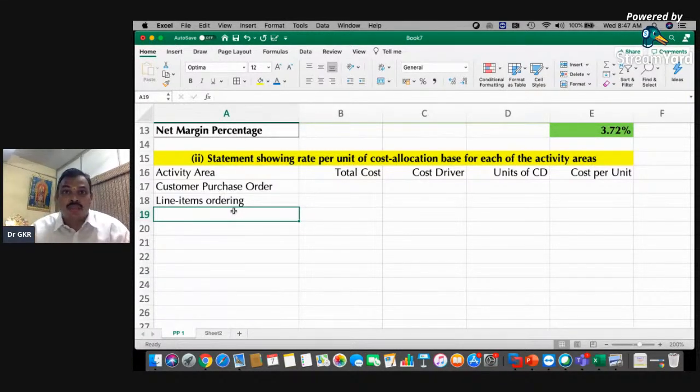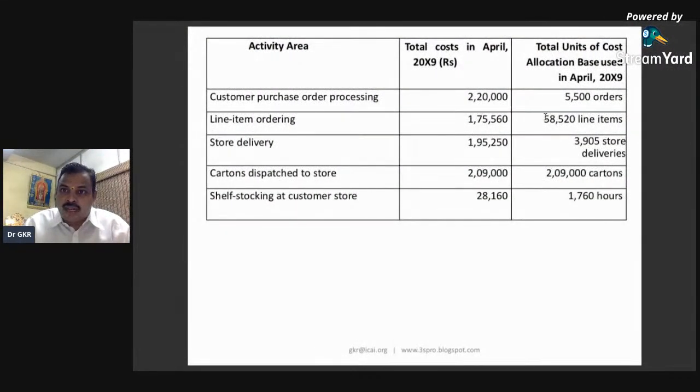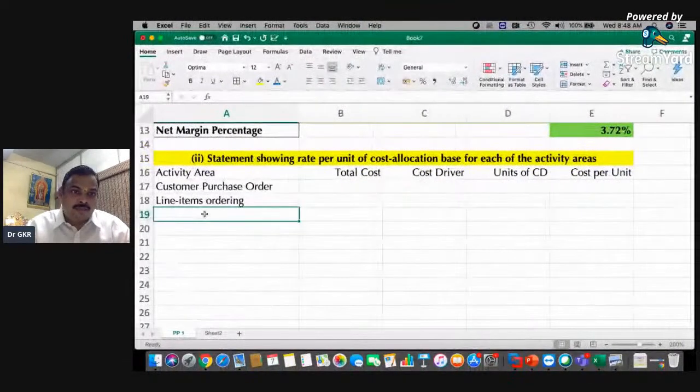That is called line items. The more line items, the more cost with respect to delivery, taking the product, putting it in the box, and then delivering. So it will take time. If it is only one or two line items, we can hand it over. With 20 or 30 items, you have to put it, check it, and verify the units. So therefore the overheads will go up. So here 58,520 line items. Okay. Store delivery.